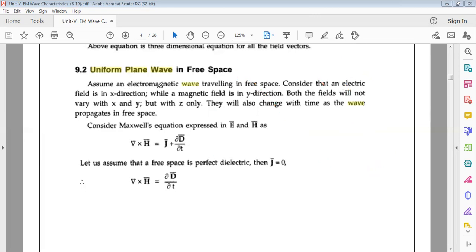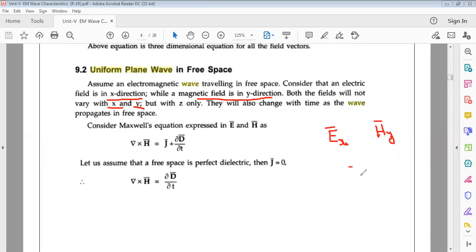So assume an electromagnetic wave traveling in free space. Consider that the electric field is in the x direction while the magnetic field is in the y direction. Both the fields will not vary with x and y.